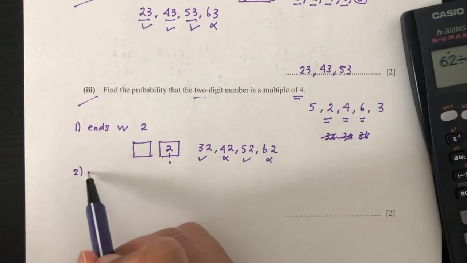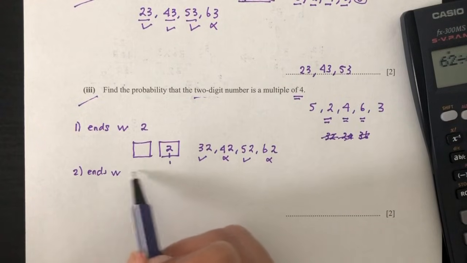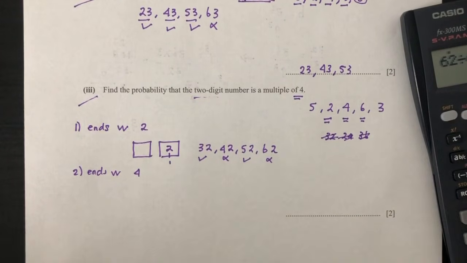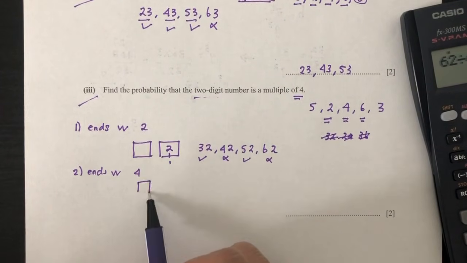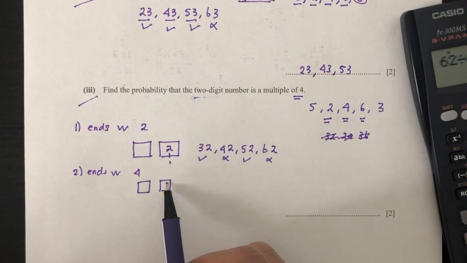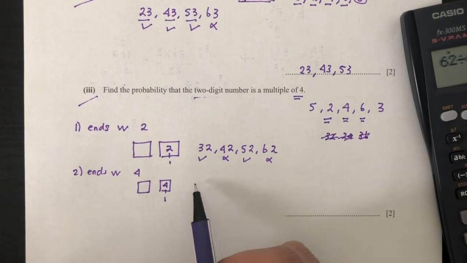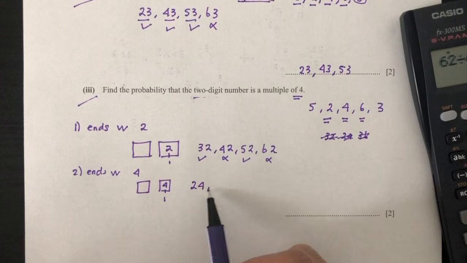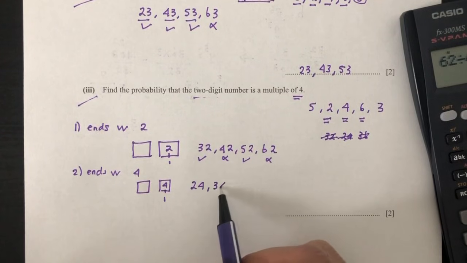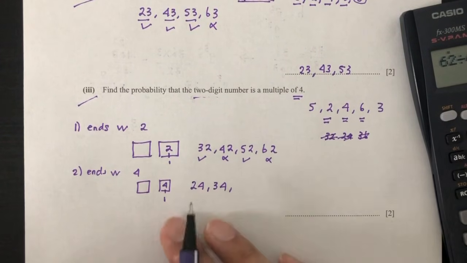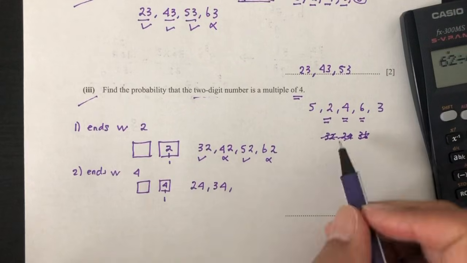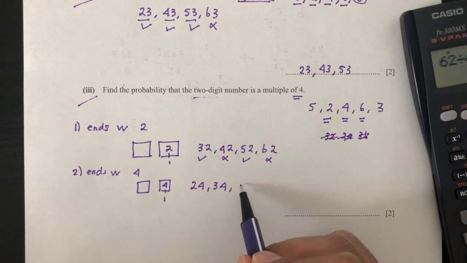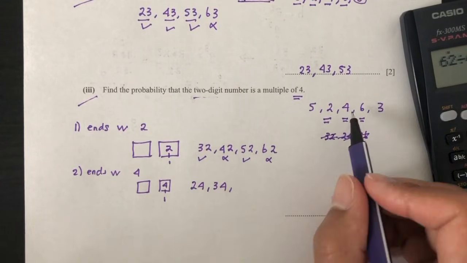Second case, we have ends with 4. So we have the two numbers here. We assume it ends with 4. It can be 24. It can be 34. So we're just taking the different combinations possible. It cannot be 44 because we have only one 4.